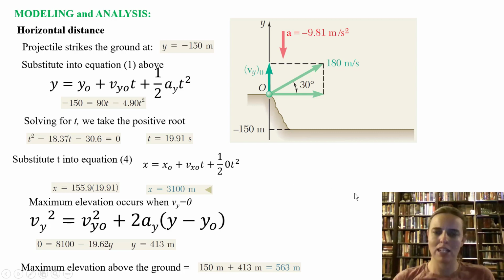Gravity has stopped it and is turning it around. So our velocity at the highest point goes to 0. We have our starting velocity, we have our acceleration. That'll give us how high it goes. So these constant acceleration equations come in very handy, and you can see how we're going back and forth between what's happening in the y direction and what's happening in the x direction.